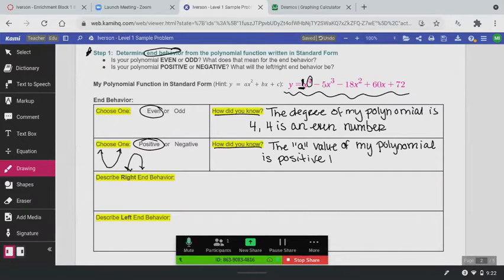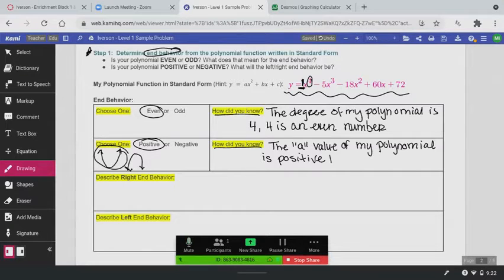So in this case, my polynomial is even, which means that my end behavior would go the same direction. And then based on the information that I found, my polynomial is also positive. So that means that my end behavior will point up.